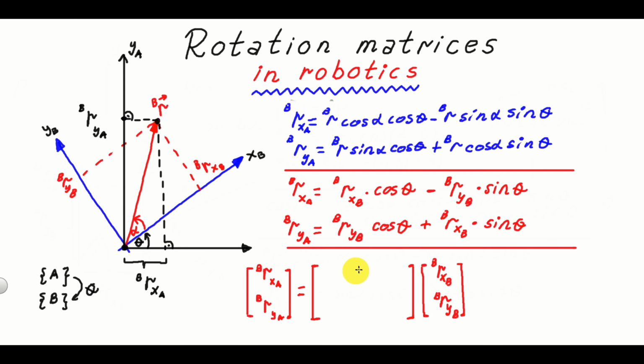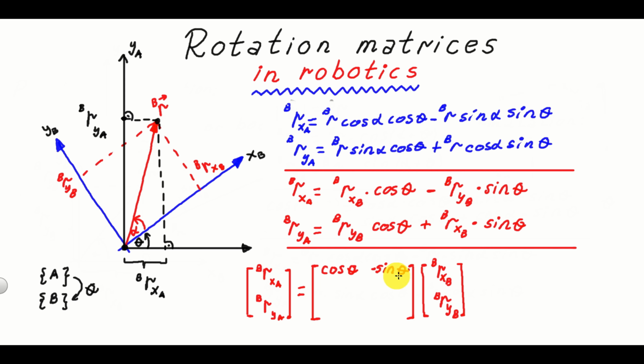Let's see what we have inside. Let's analyze. We have over here RBXB, and this term is multiplied by cosine theta. Consequently, over here we will write cosine theta. What do we have over here? We have RBYB, and this is multiplied by minus sine theta. Consequently, minus sine theta.